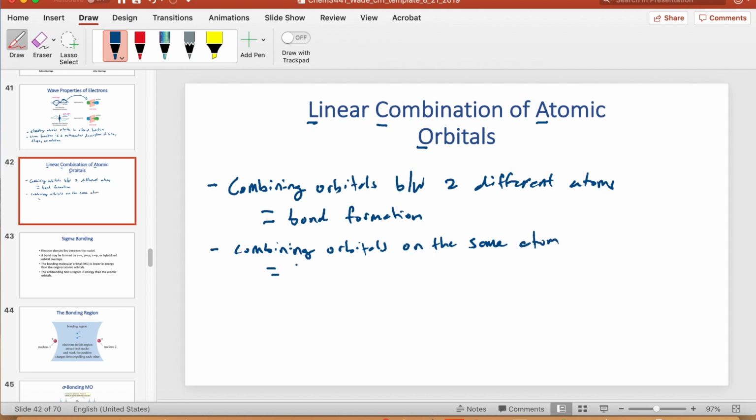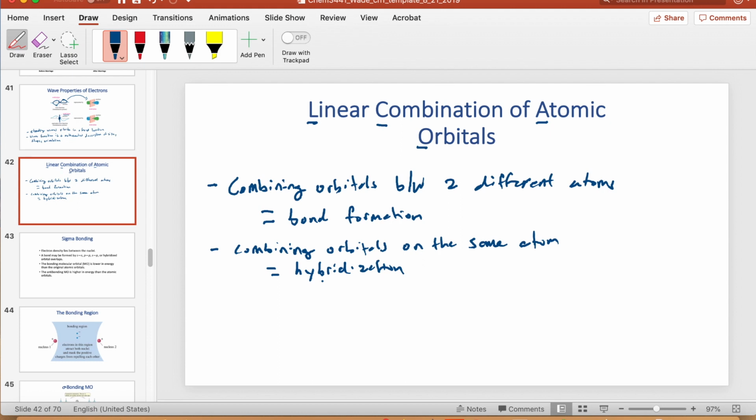So we call this hybridization. And of course, one of the hallmarks of this is that we have conservation of orbitals. We don't throw them away.